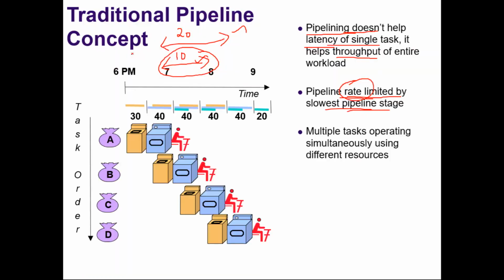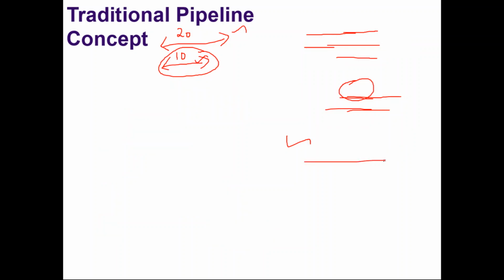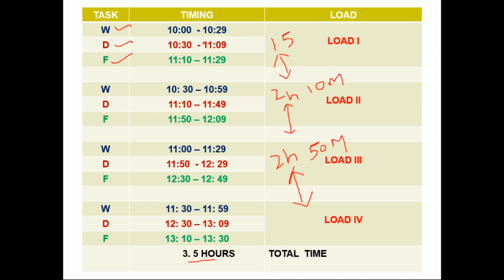Okay, right? So basically what pipelining is doing is performing more than one task simultaneously by effectively utilizing the resources. So you can see here what it is doing. When the first load is drying, the second load is getting washed. That is what is happening.